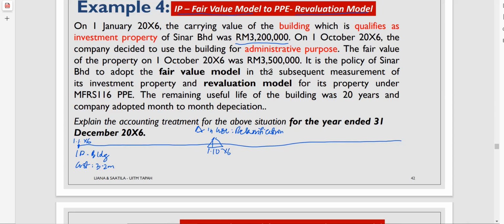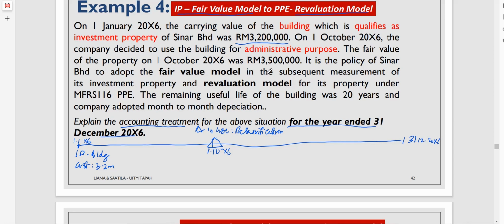If you look at the requirement, you go straight away to the explanation of accounting treatment that was asked from you. It was for the year ended 31st December 2006. So this is the year end 31st December 2006.